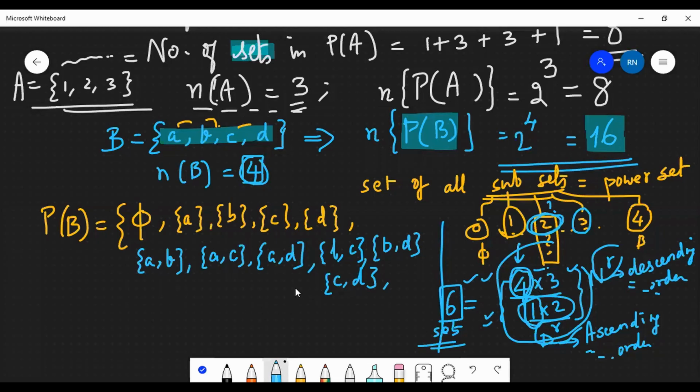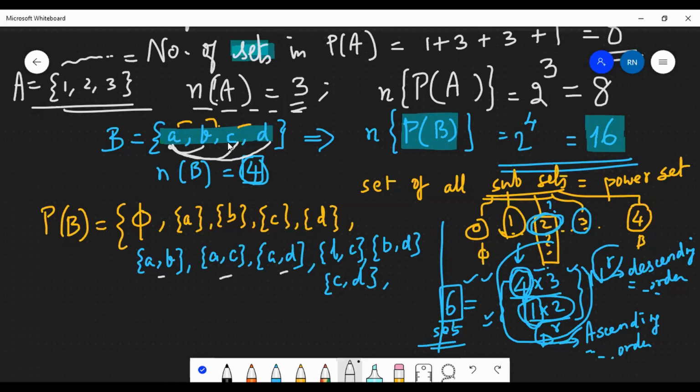Okay, so 6. But when I start picking, I keep a discipline. So A, B, then A, C, then A, D. It's something like the distributive law. Do it properly and then you won't miss out.